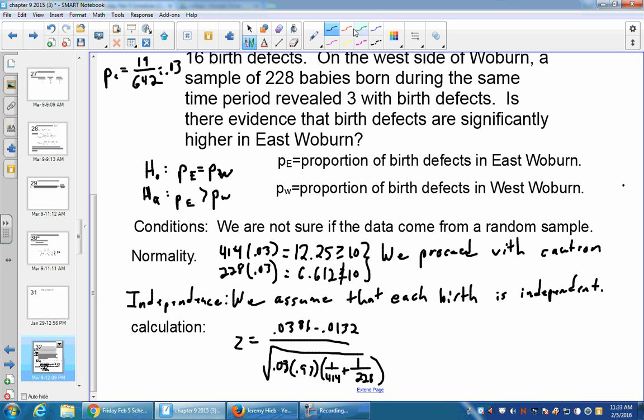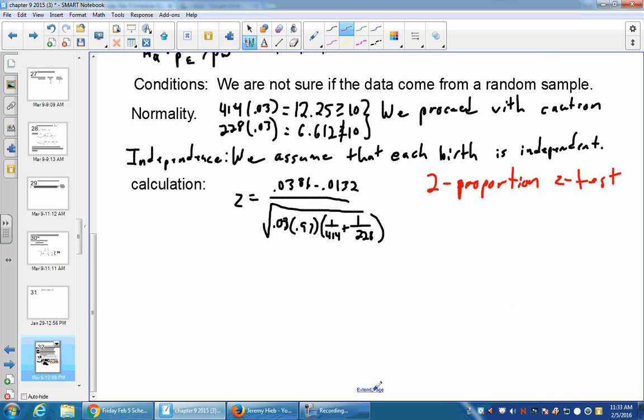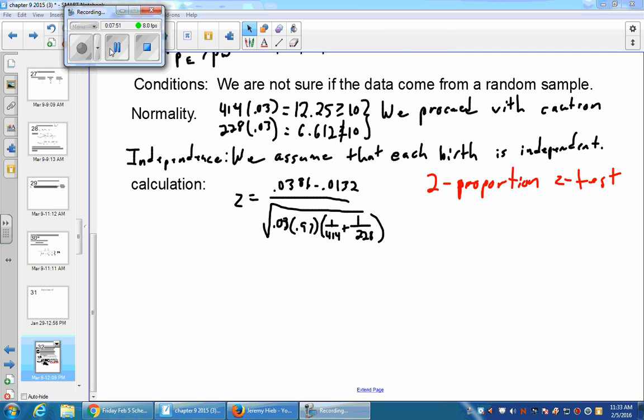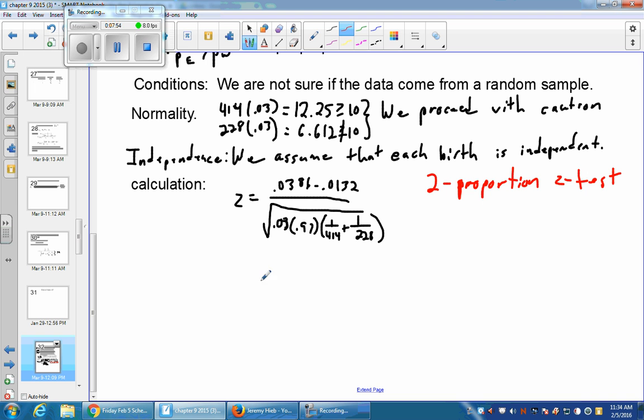Now one thing to remember, one thing that I typically forget, is we have to name the type of test that we're doing here. So we call this a two proportion z-test. All right, now we want to find the value for z. All right, I plug that into my calculator. I got a z-score of 1.823.